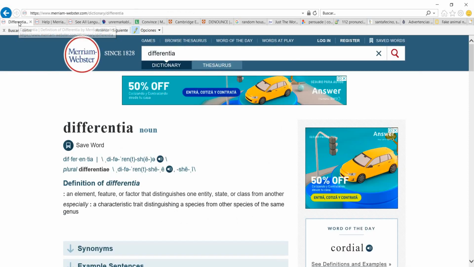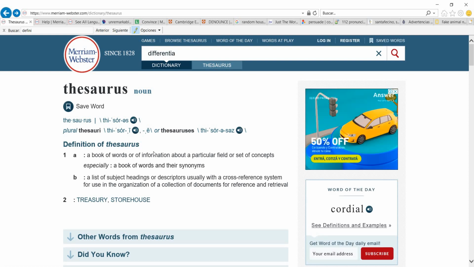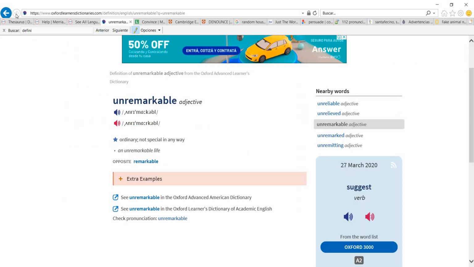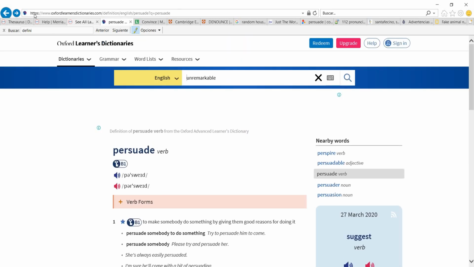Vamos a volver acá. Entonces yo quería volver a la definición de thesaurus. And here we have a book of words or of information about a particular field or set of concepts. So here we have the genus, the book, and the differentia, the rest. And if we go here, I was looking up the word unremarkable on purpose, but that was well, let's go to unremarkable.